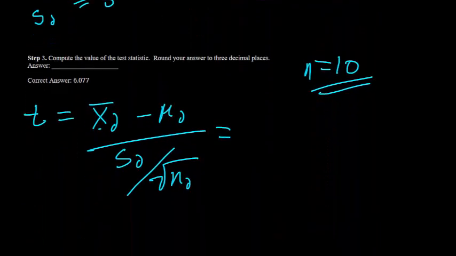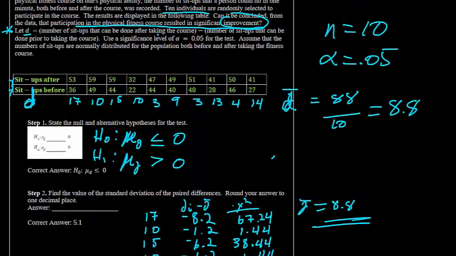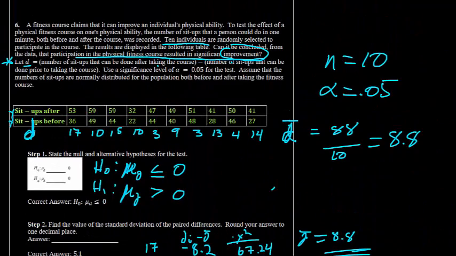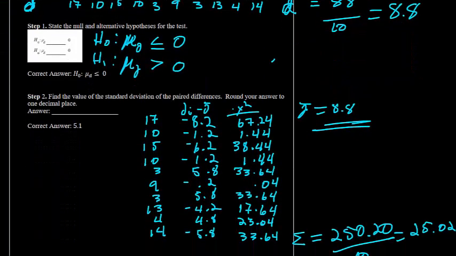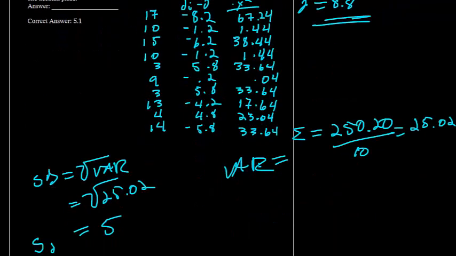Standard deviation was 5, so let's write these down now. X bar D is equal to 8.8. The standard deviation of D was 5. I have my N of 10. What else do I need? I need mu. Mu is 0. Note that we're testing whether or not there's a difference from 0.